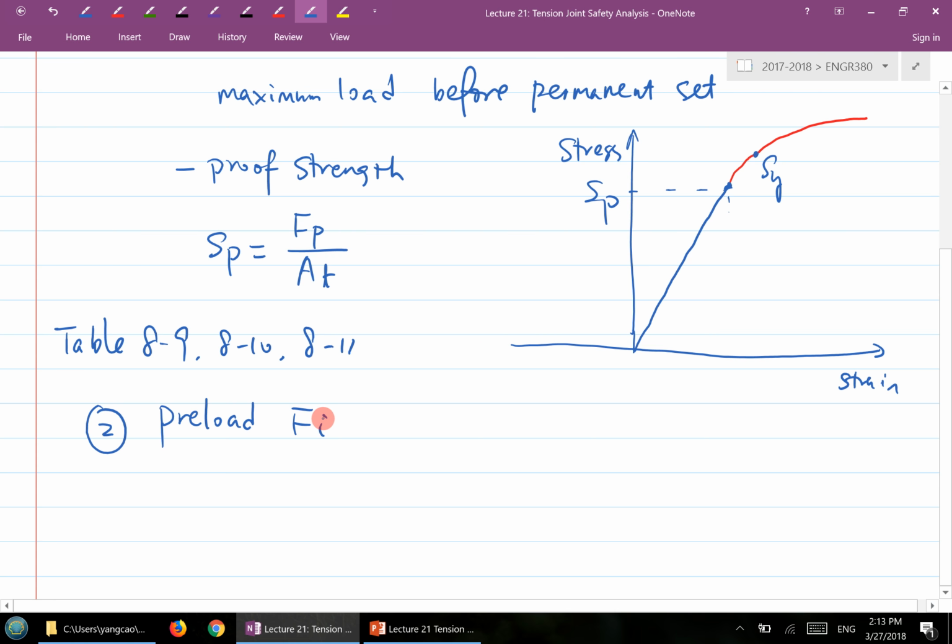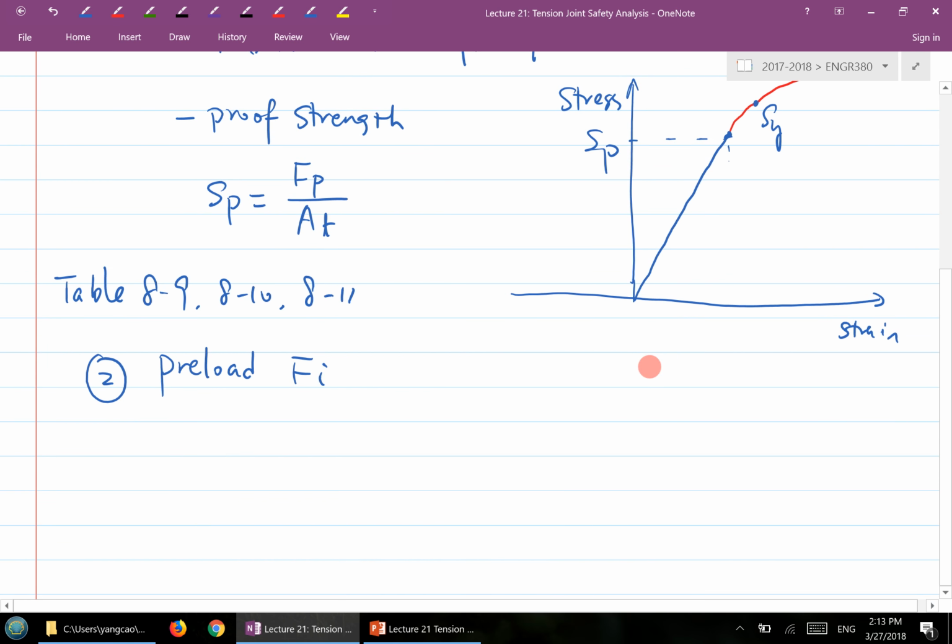The preload concept is quite important because if you are using the bolt for a tension joint, like a pressure vessel, the amount of preload ultimately determines the safety of that joint. So it has to be applied appropriately, otherwise it will affect the safety of the joint.